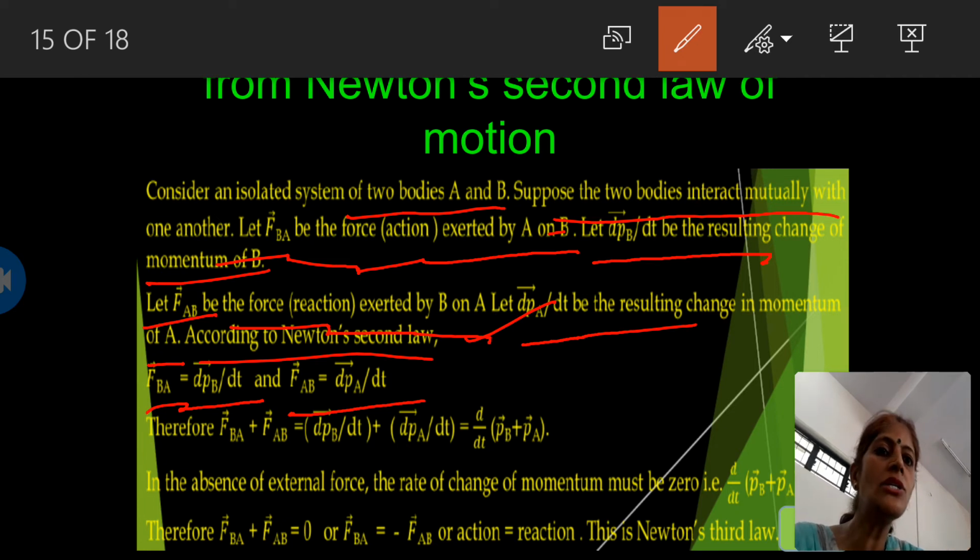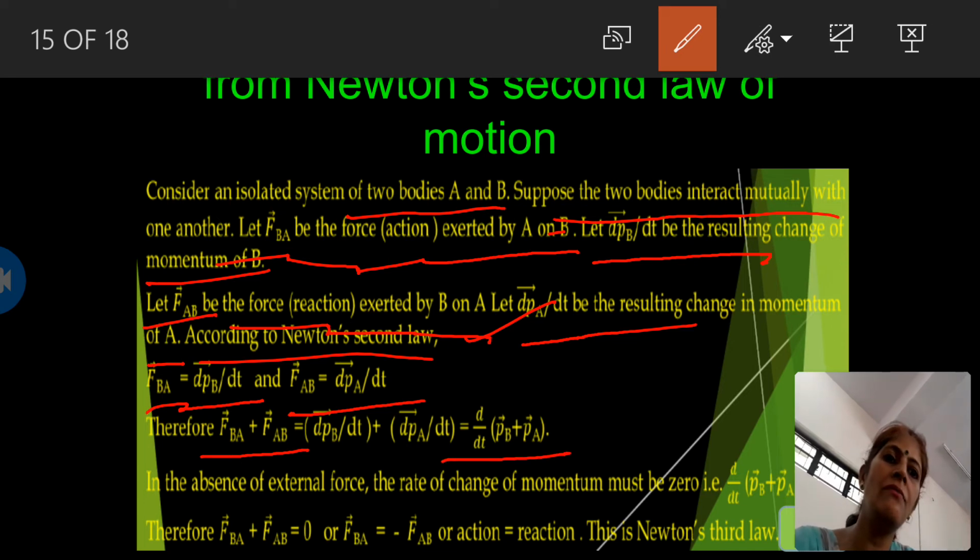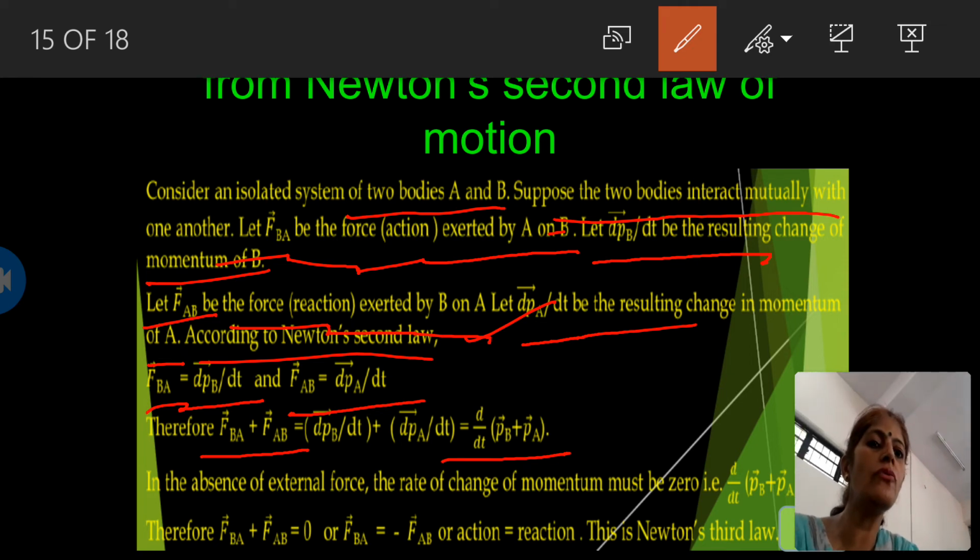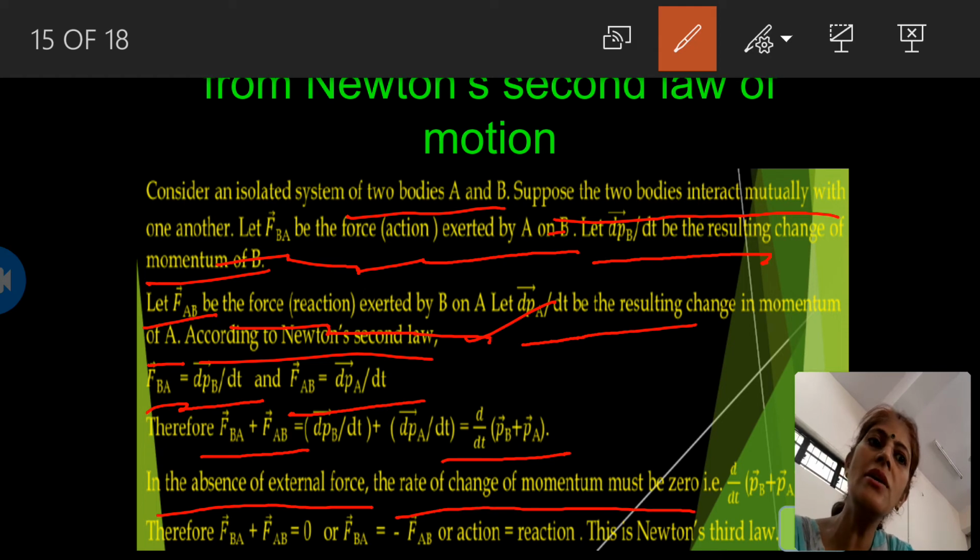On adding these two equations, we get FBA vector plus FAB vector equal to d/dt of (PB vector plus PA vector). But if there is no external force acting on the system, in the absence of external force, the rate of change of momentum must be 0.